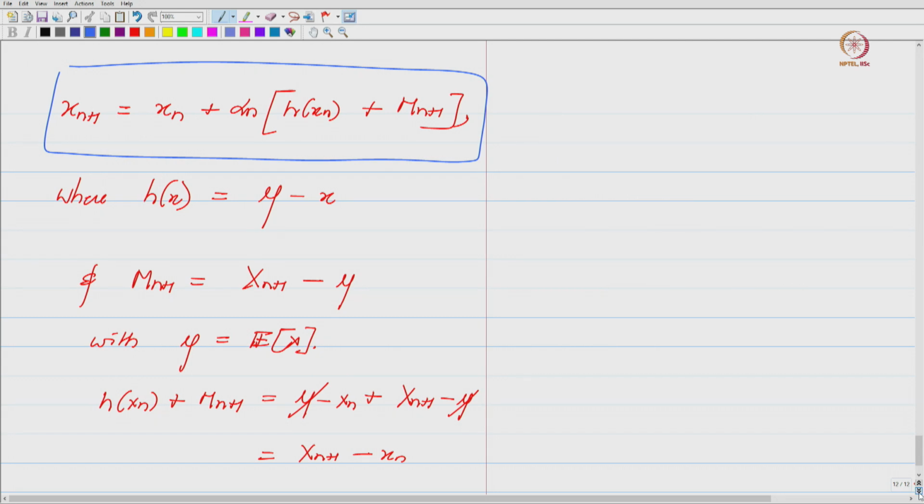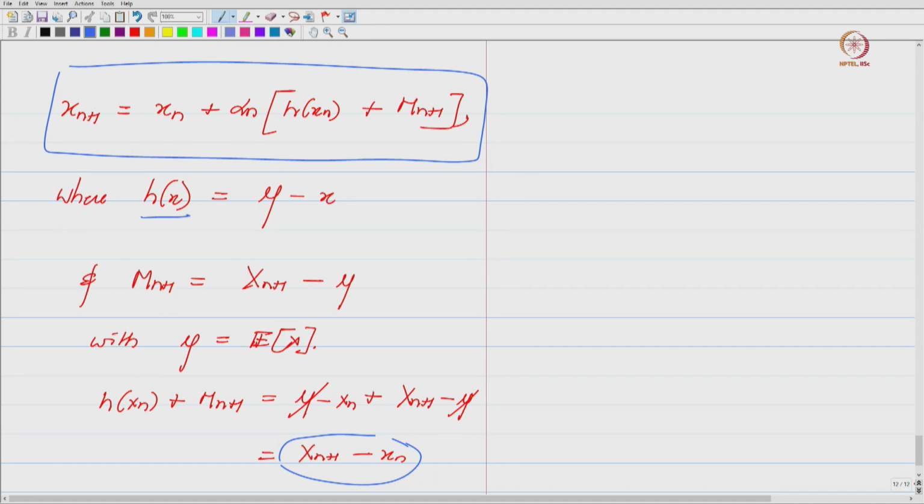So in summary, the update rule that we designed can be put into the fundamental form, and one can interpret h(x) as the ideal direction in which one would like to move x_n, and h(x_n) + M_{n+1} as the noisy estimate of this ideal update direction.